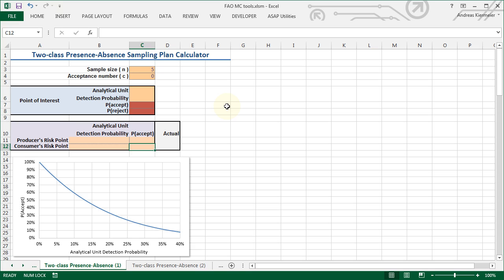For the consumer's risk point, the detection probability is typically large and the corresponding probability of acceptance is typically small. So let's say that we have values of 10% for the detection probability and 7.5% for the associated probability of acceptance.